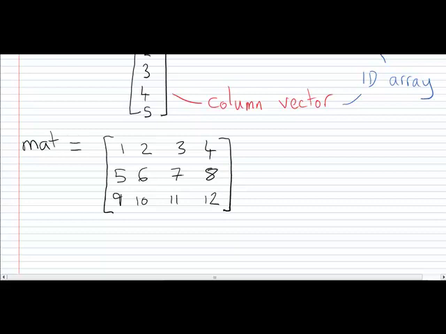And typically we would refer to this as being a 3 by 4 matrix because it has 3 rows of data and 4 columns of data.